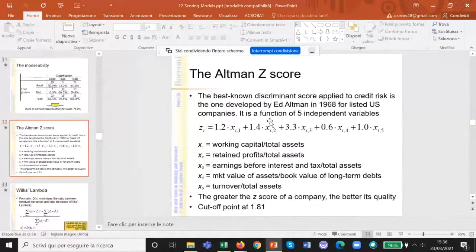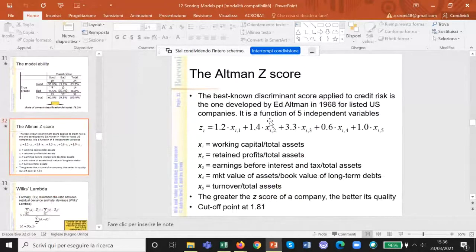For example, a very famous and well-known discriminant analysis model is the so-called Z-score that was introduced many years ago by an economist, Ed Altman, who's a close friend of mine, by the way, who published this study many years ago.